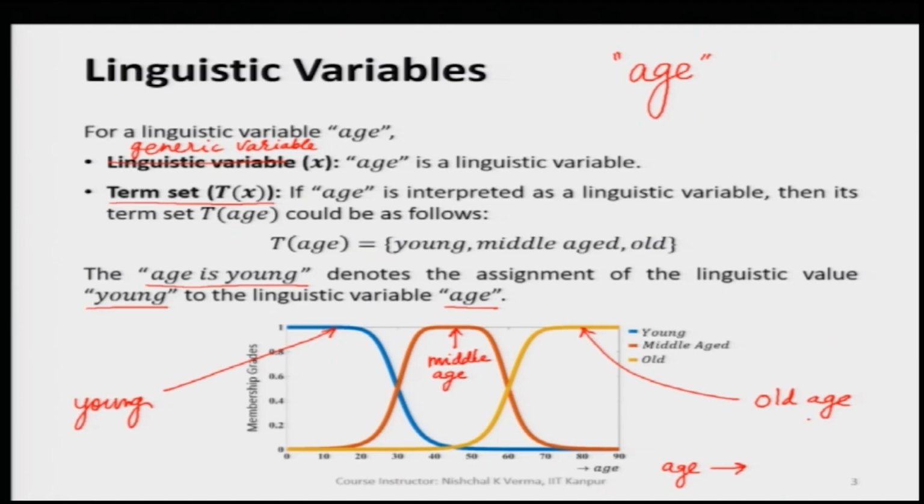Here we have a generic variable x which is the measure of age. For example, we have 1 year, 2 years, 3 years, like that, and it can go further up to, in this case, 90. These values are actually the values of the generic variable x, and x here is the age.